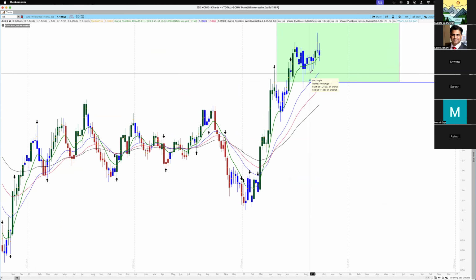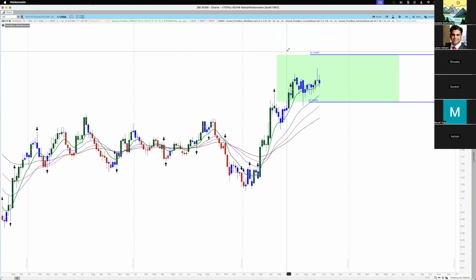It tends to move sideways. If you open a bear call spread here and a bull put spread here, you will collect the premium from both trades. Most likely it will trade sideways for quite some time, and you will capture premium over time.